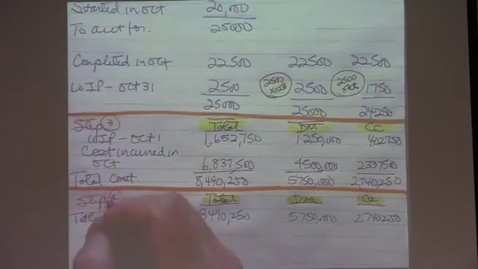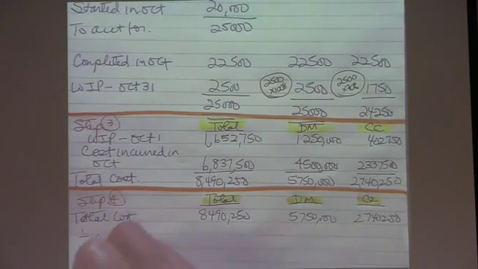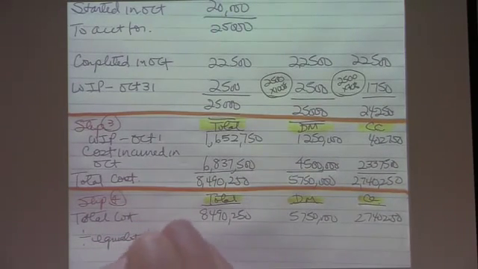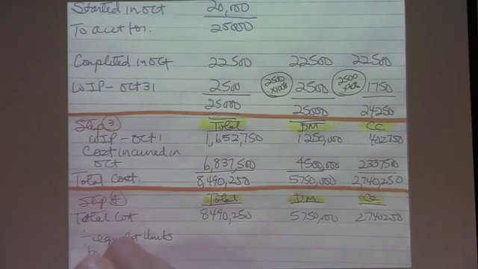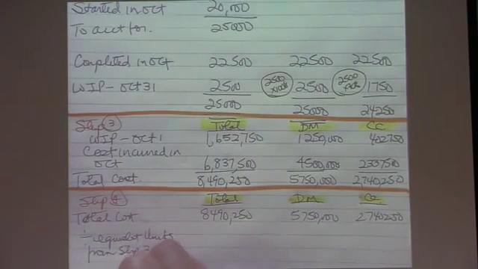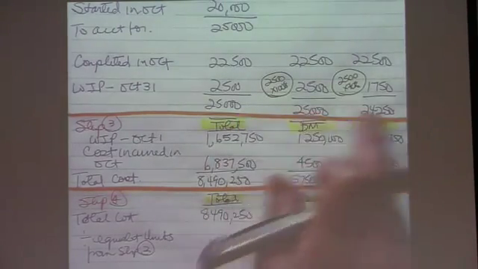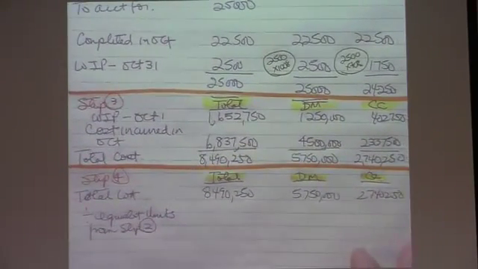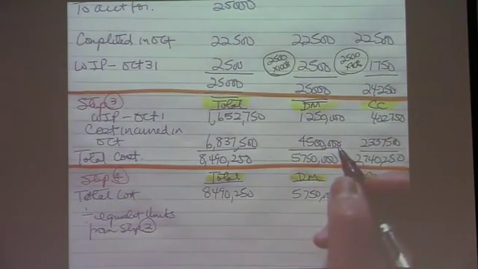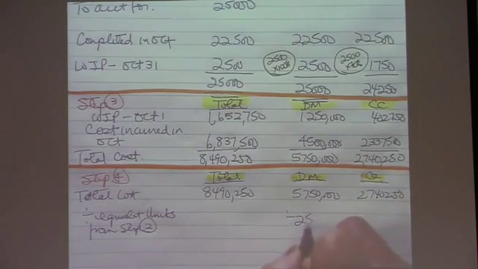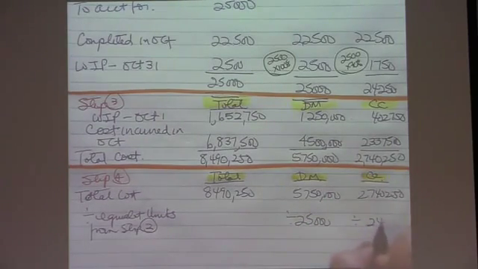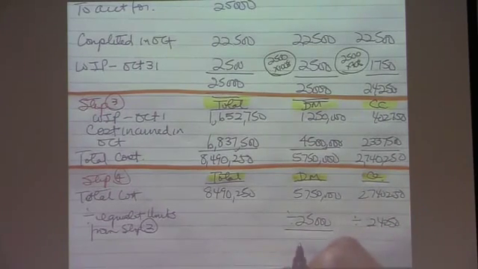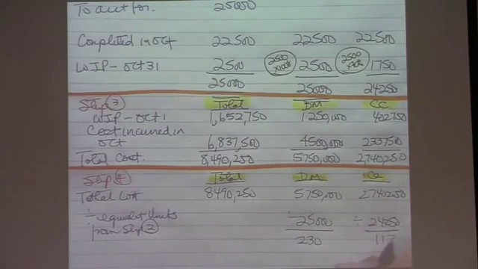Then we're going to divide this by the equivalent units from step 2. That would be these numbers, right? That's step 2. That would be divided by 25,000 units, and this one divided by 24,250. You get a per unit cost of 230 and 113.